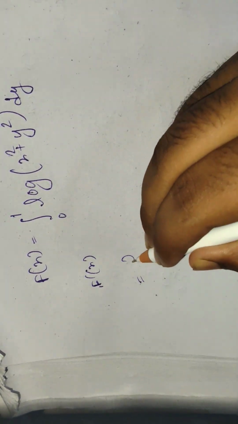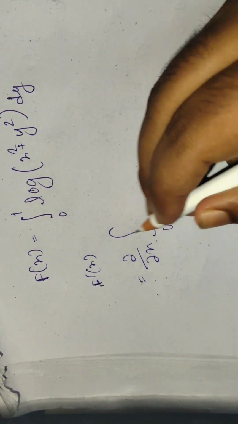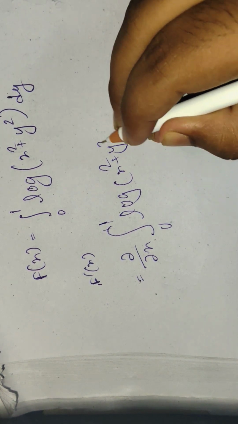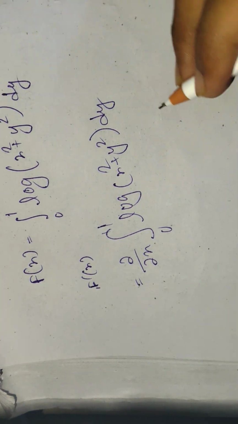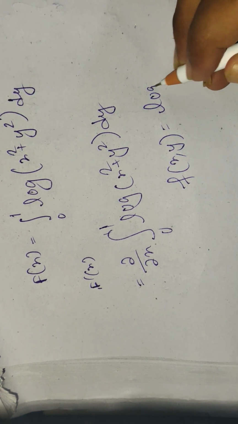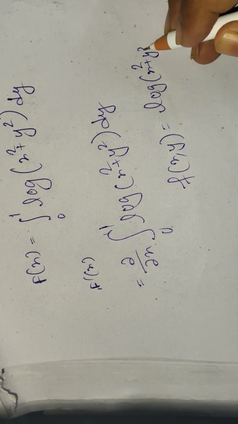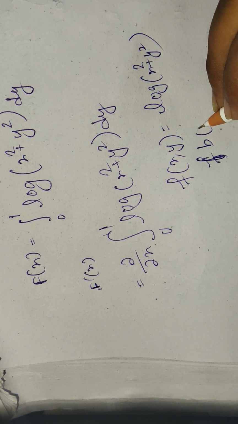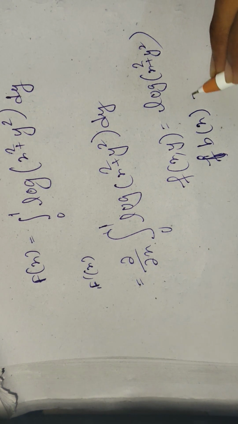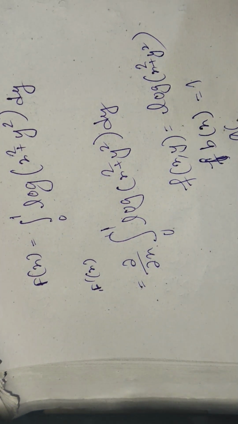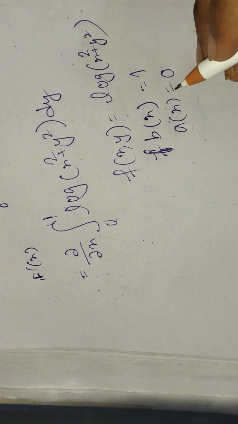Now, how will we solve? Basically, we have to solve the integral from 0 to 1 of log of (x squared plus y squared) into dy. You can see f(x, y) is nothing but log of (x squared plus y squared), and b(x) is equal to 1, and a(x) is equal to 0, right?